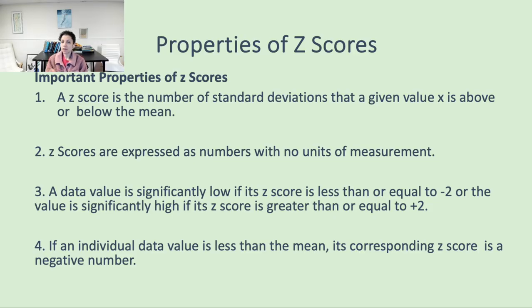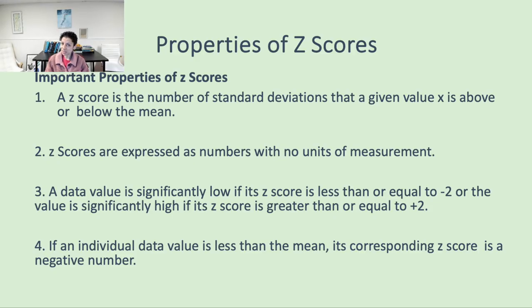Remember, 2 or -2 means that value is either 2 standard deviations below or 2 standard deviations above the mean. And that's our definition of significantly high or low.